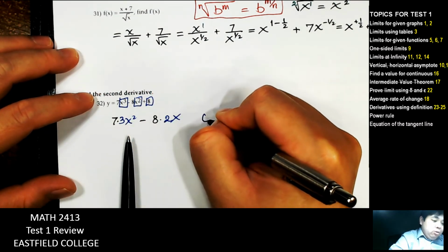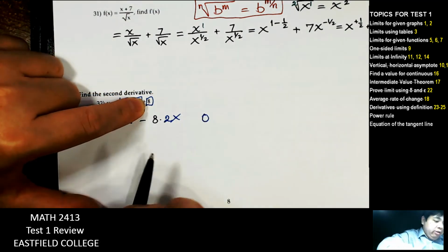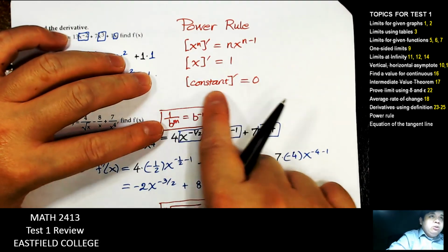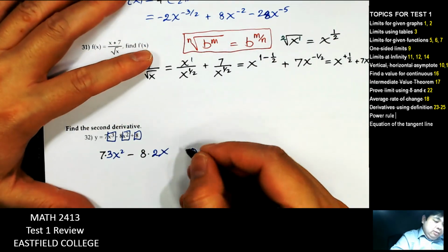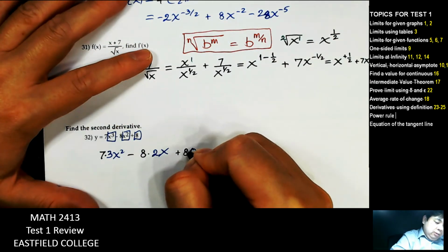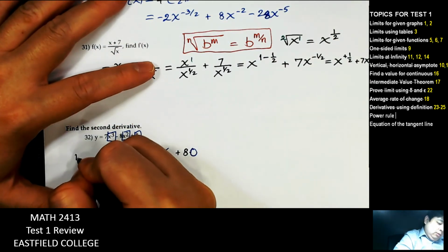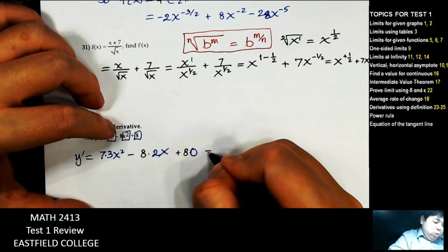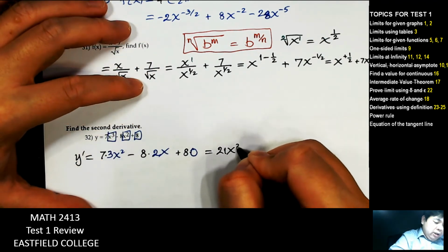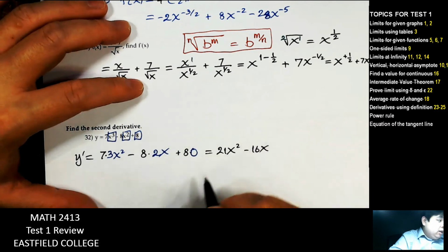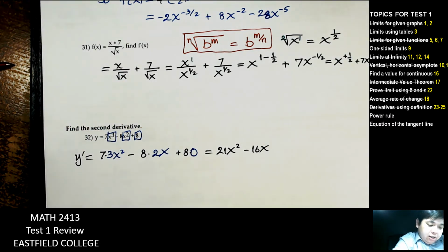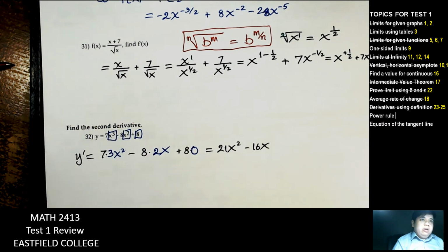It's going to be 0, because the derivative of a constant is 0. So we write 21x squared minus 16x, and that's it. That 8 times 0 is 0.